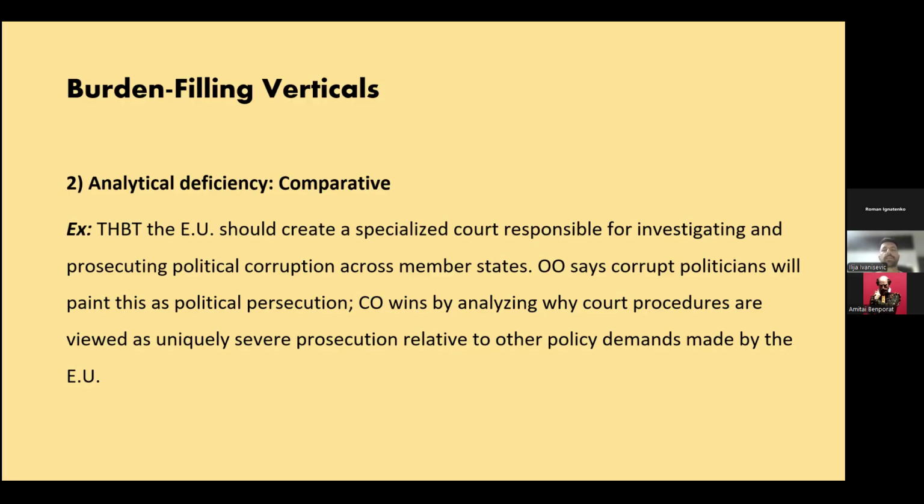So here OO says, look, corrupt politicians will paint this as a political prosecution. Then CA goes further and says, look, they explain why court procedures are viewed as uniquely severe prosecution relative to other policy demands made by the EU. What does it mean? Let's say that govs are not engaging with this and they have some arguments that are losing to both of these claims.